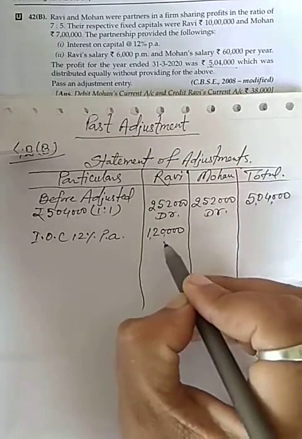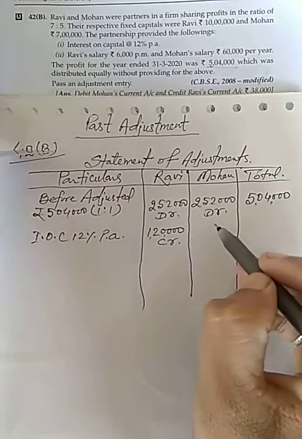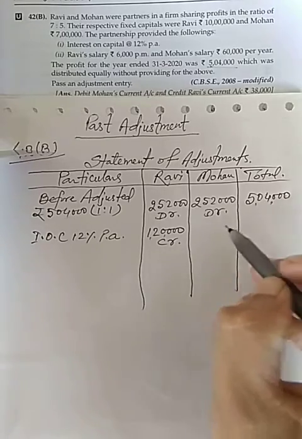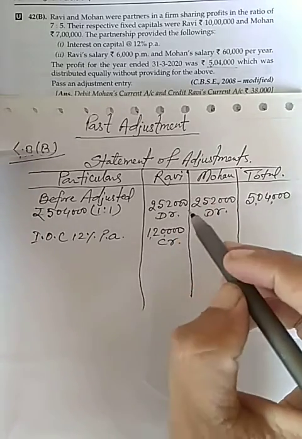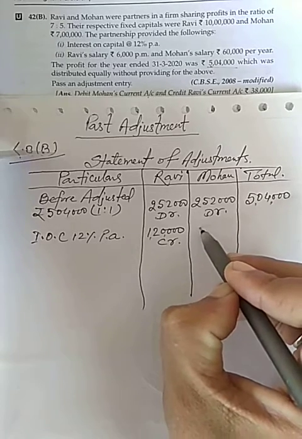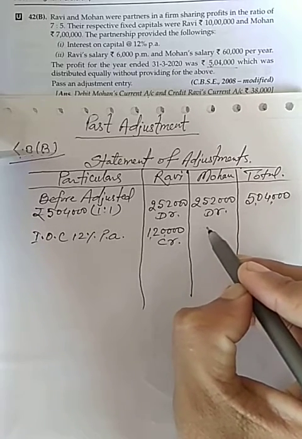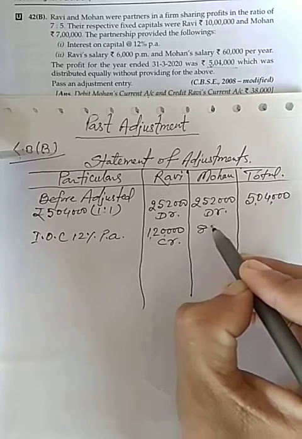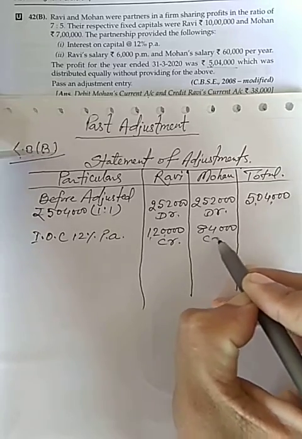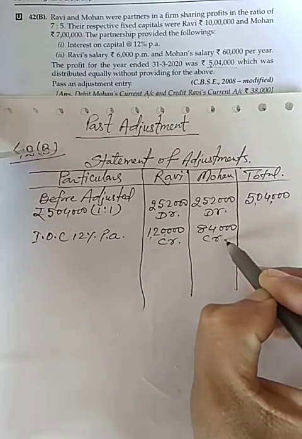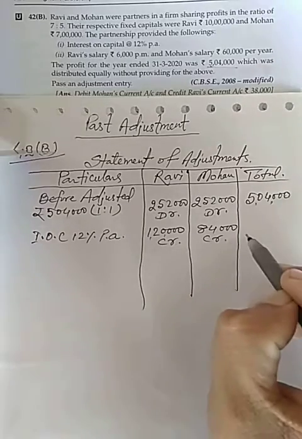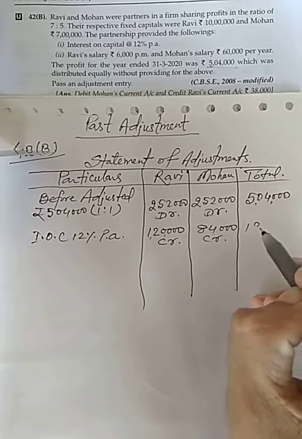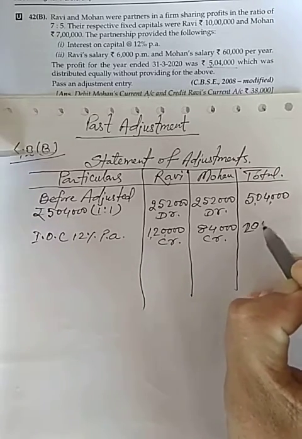So we all know it will be credit. On 7 lakh at the rate of 12% per annum, it will be 84,000 credit. So total will be 2,04,000.